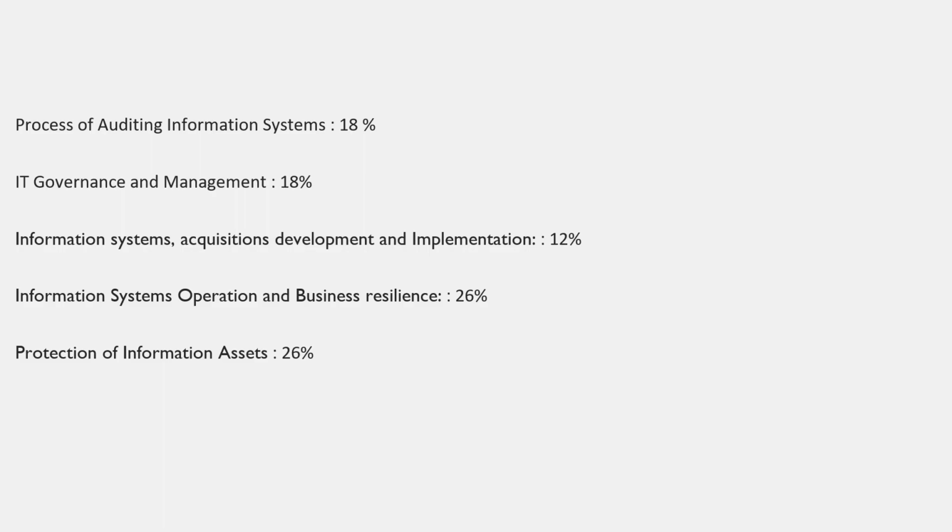Guys, what is the distribution of questions from all these 5 domains? 18% of the questions come from the first domain. Similarly, 18% of exam questions come from the second domain, which is IT governance and risk management.